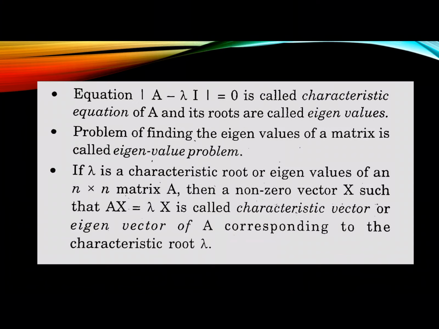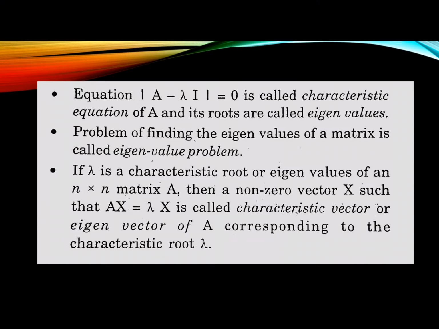So if lambda is the characteristic root or the eigenvalue of the matrix A, then a non-zero vector x such that Ax equals lambda x is called the eigenvector or the characteristic vector of A corresponding to the characteristic root lambda.